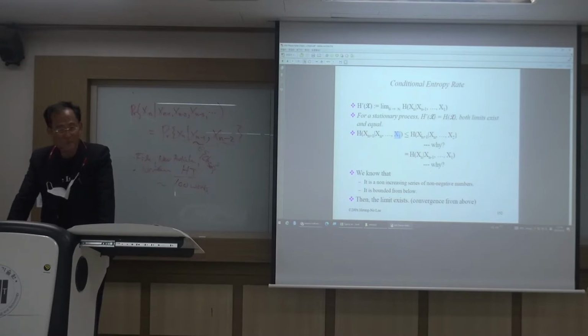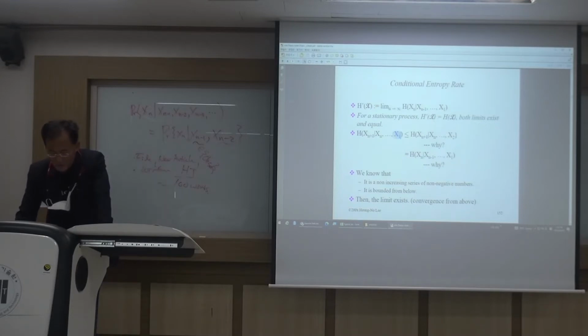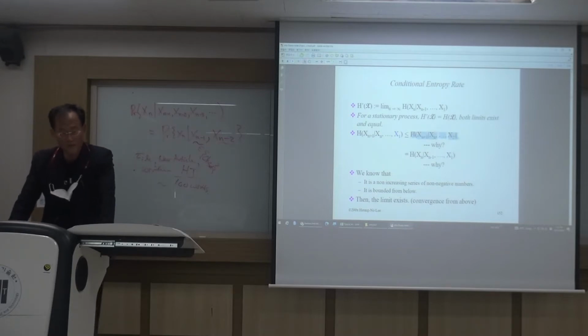Conditioning reduces entropy, so this one is smaller than or equal to that one, because X1 is included here and X1 is not included there. So this one is, in general, greater than or equal to the other side.